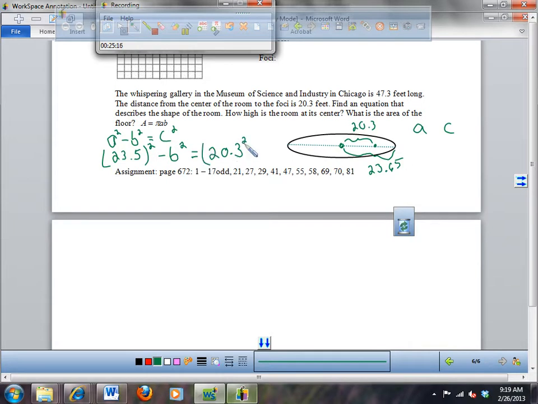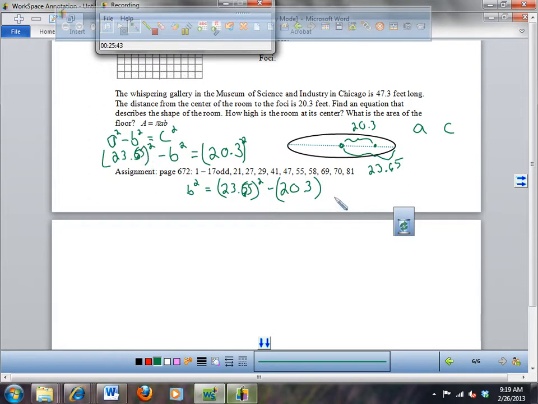You can do that for me. So you get that b squared equals 23.65 squared minus 20.3 squared.